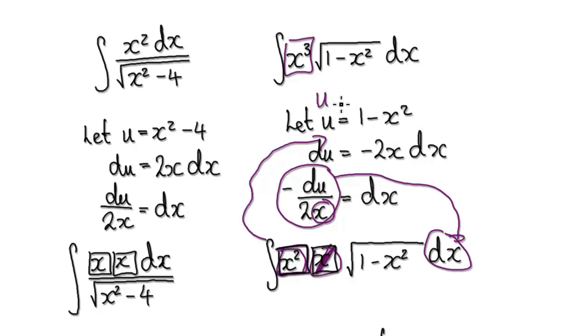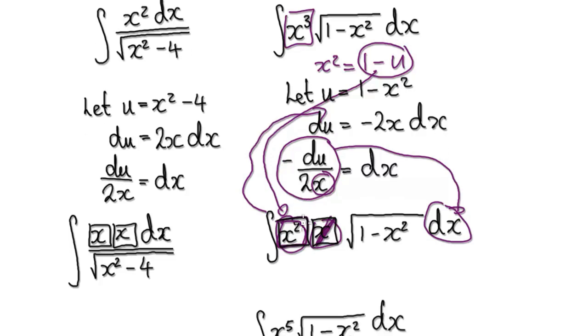So x squared equals, let me think, 1 minus u. So now you can put this into this thing here, because you've got an x squared here. It becomes nice and tidy, a lot easier.